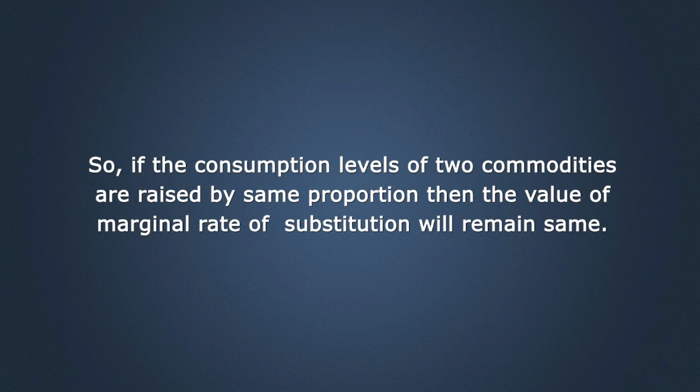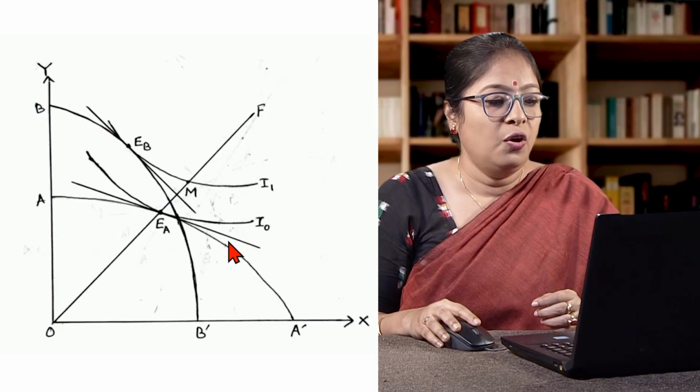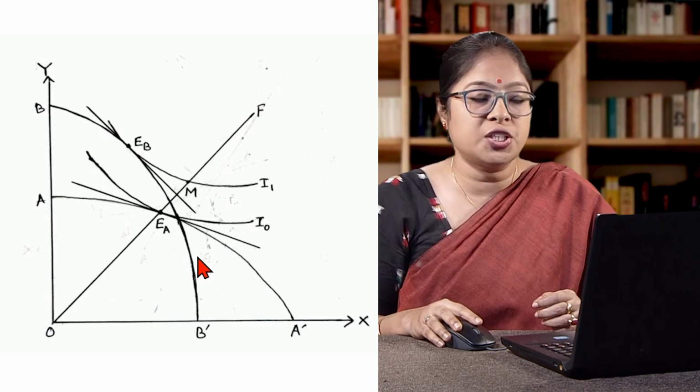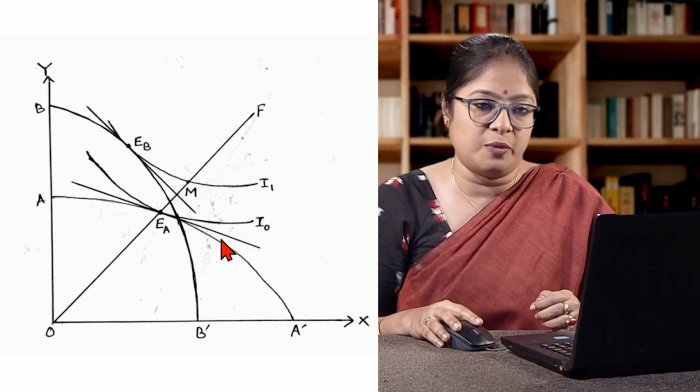So if the consumption levels of two commodities are raised by the same proportion, then the value of the marginal rate of substitution will remain the same. Now this can be explained with the help of a diagram, where we shall try to prove the Heckscher-Ohlin theorem with these two additional assumptions.